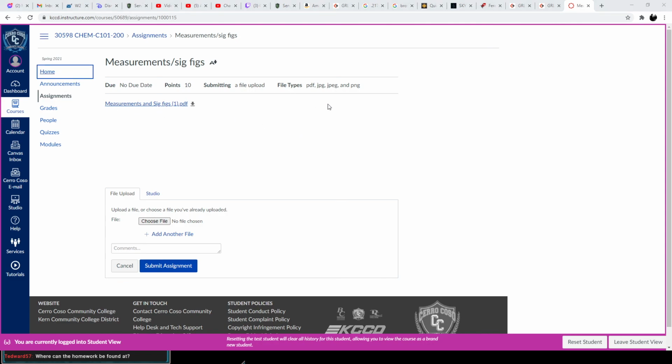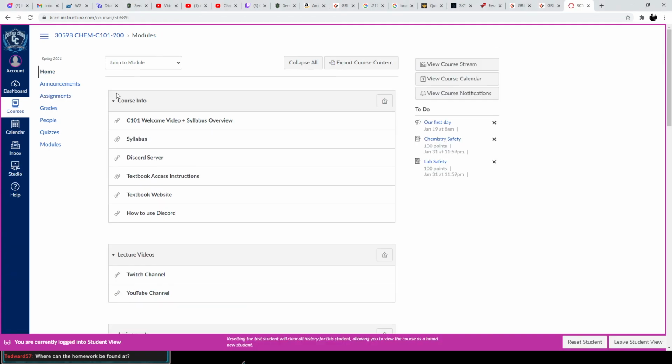Okay, if you click this stuff, it's going to have upcoming assignments up here that you're going to be able to see. These are just lab sims, by the way, so those you can just do. Those are due this weekend, so just go through those.